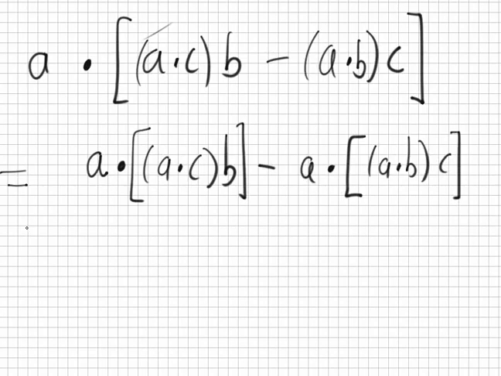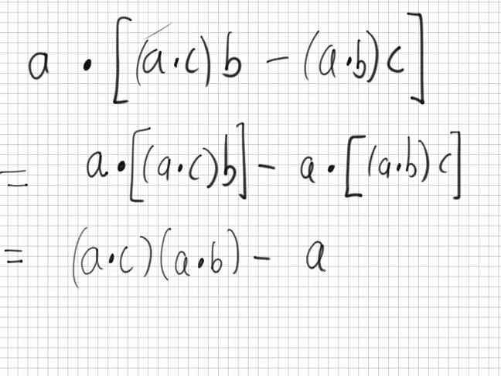And also we proved earlier that when you have a constant, which is what you have here, you can take it out in front. So we get A dot C times A dot B minus A dot B times A dot C. But these are just regular multiplications now, a number multiplying a number.